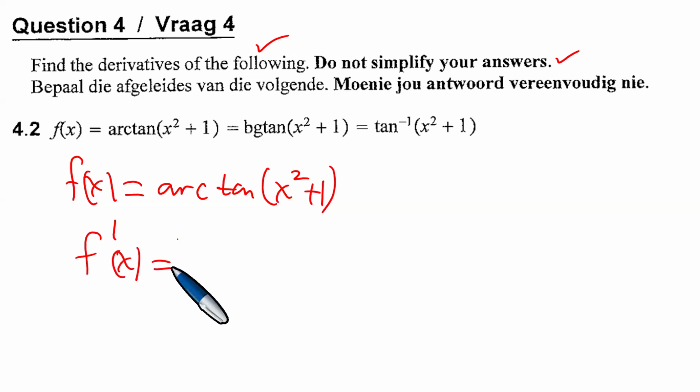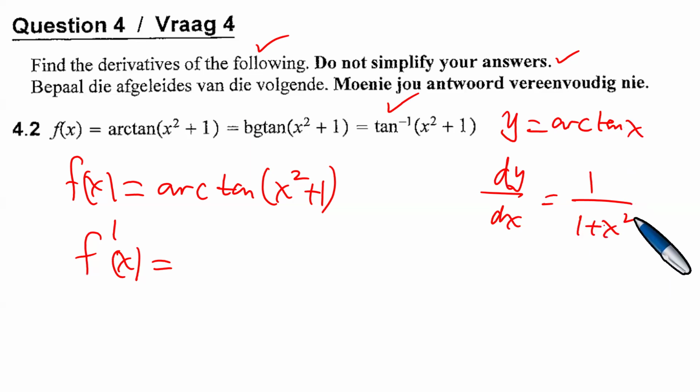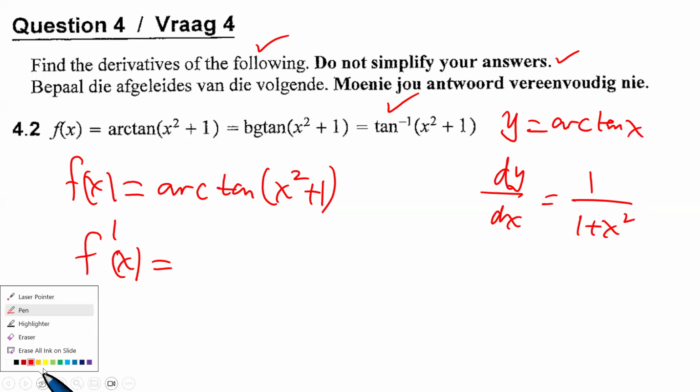So the derivative would be f prime here. To find the derivative of arctan, if y equals arctan of x, which is also tan inverse, then dy/dx is 1 divided by 1 plus x squared.